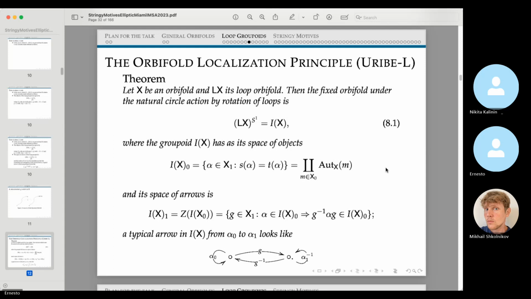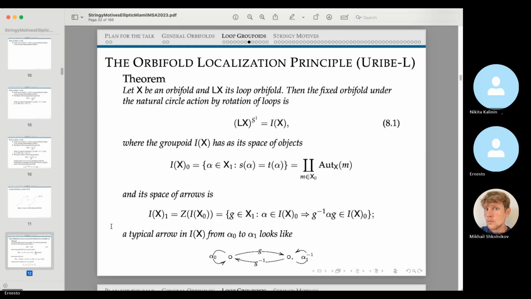And the arrows is kind of the center, you know. This is what an arrow looks like in this orbifold. Now the objects of the orbifold are these arrows, and the arrows of the orbifold are these conjugations. And this is the fixed locus of the action of S1, the fixed orbifold of the free loop orbifold of the orbifold. Is this more or less clear?